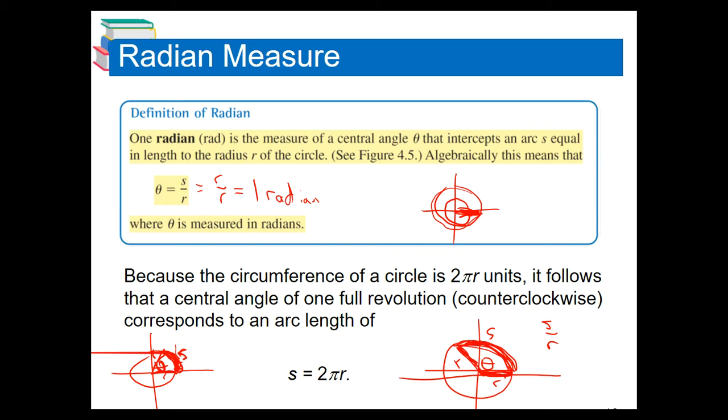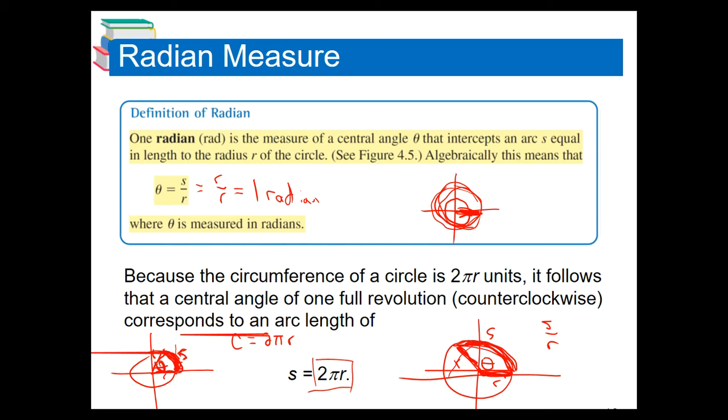We know the circumference of a circle is 2 pi R. So for an entire circle, 360 degrees, we can find the arc length by taking 2 pi times the radius, because the circumference is 2 pi R or pi D, but we're going to use radius here.